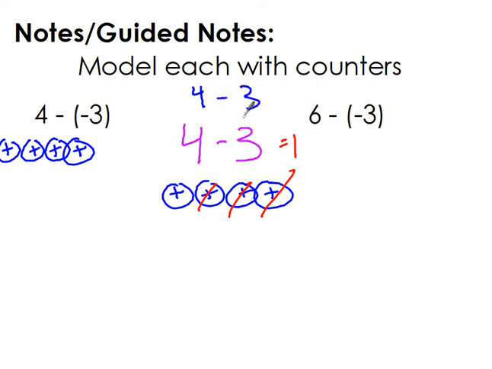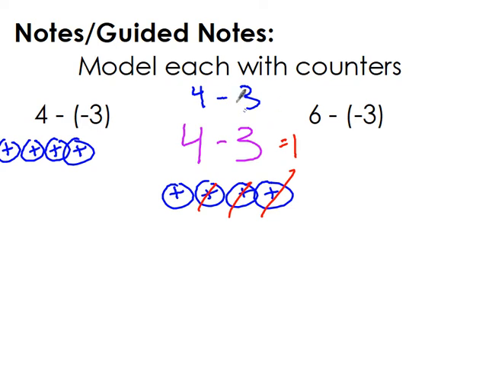I don't see another negative sign here, so the subtraction symbol is not part of this. This is different. Here I have positive 4 and I'm subtracting negative 3. I don't have 3 negative chips to take away. So we're going to add negative counters in there, and here's how we do that.